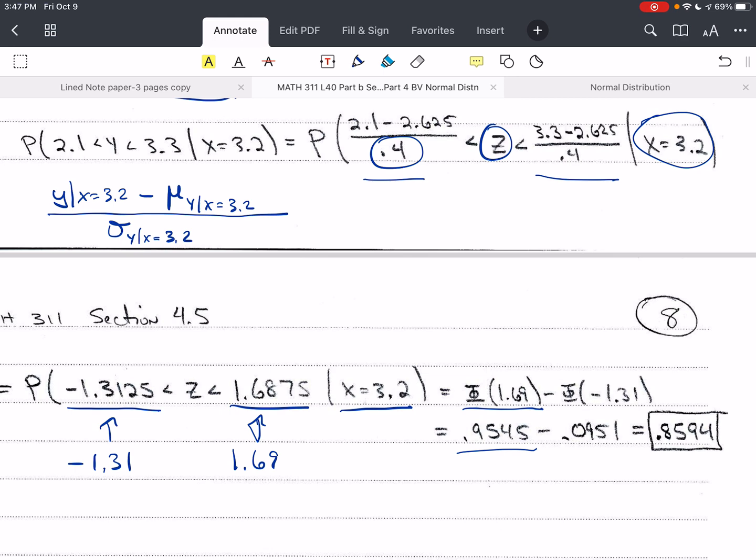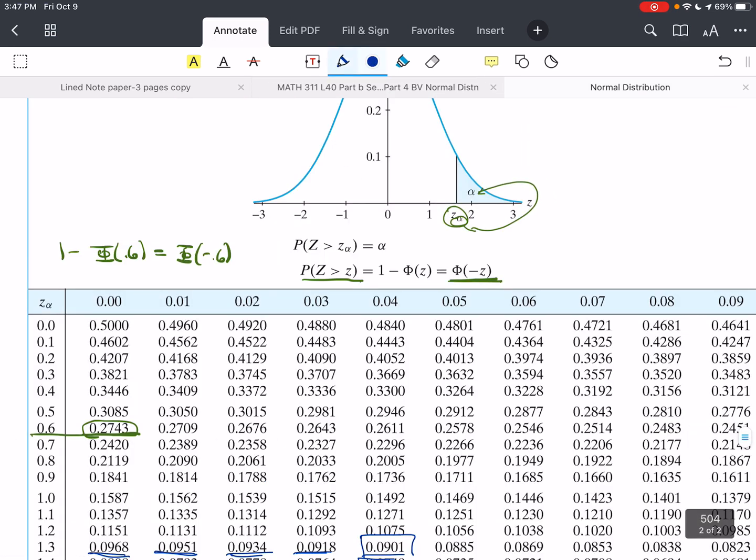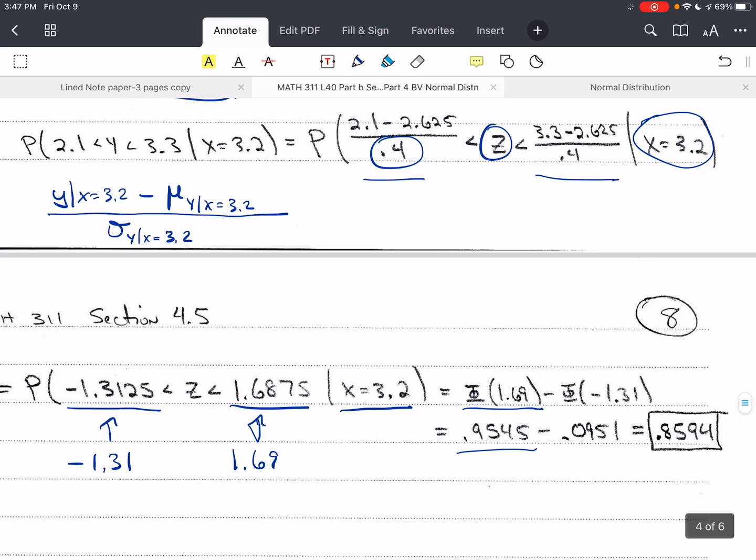I don't want 3.4. I want negative 1.31. So I looked up the wrong thing. So negative 1.31 will be 0.0951. Subtract those and we get 0.8594.